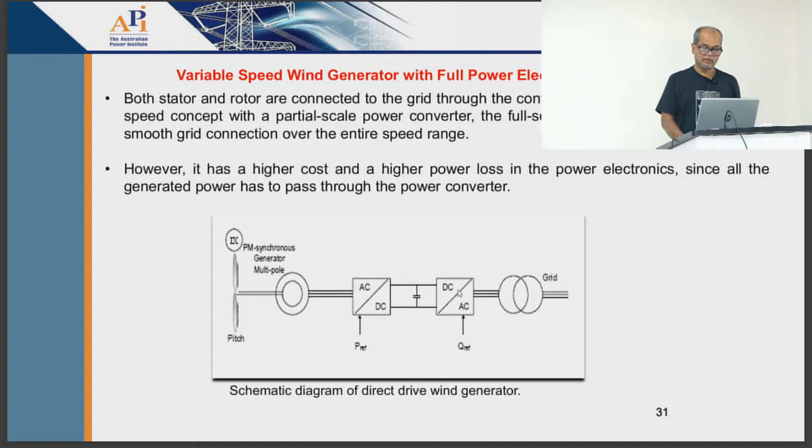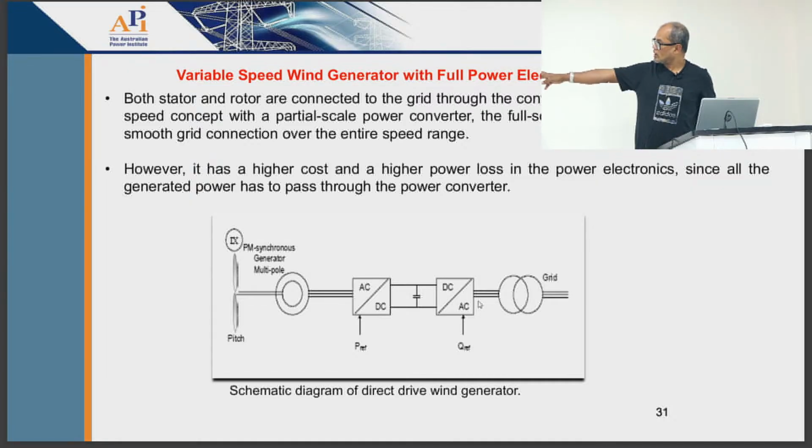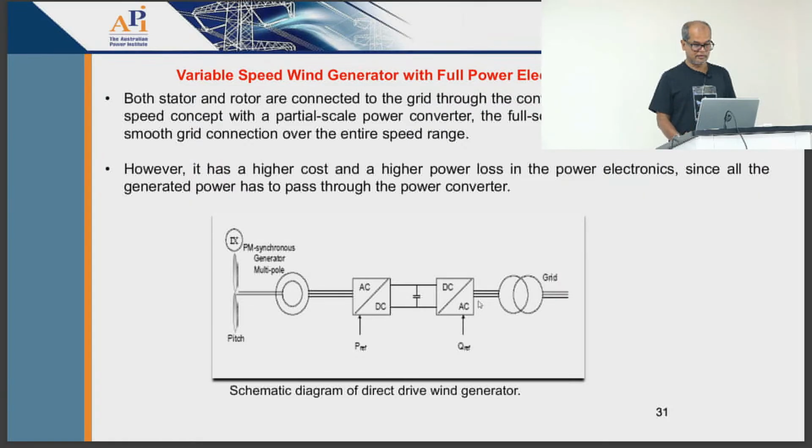Definitely you will have 100% control, but the inverter converter will be very, very expensive, because whatever capacity of the inverter converter has to match with the generator. So if it is, for example, 10 megawatt, that also has to be 10 megawatt, which at the end improves the performance, but it would be quite a costly option.